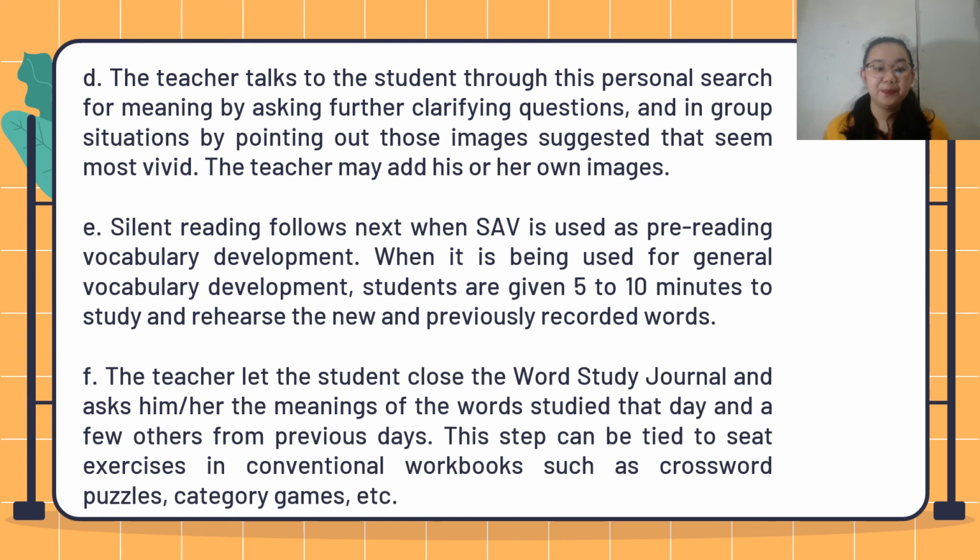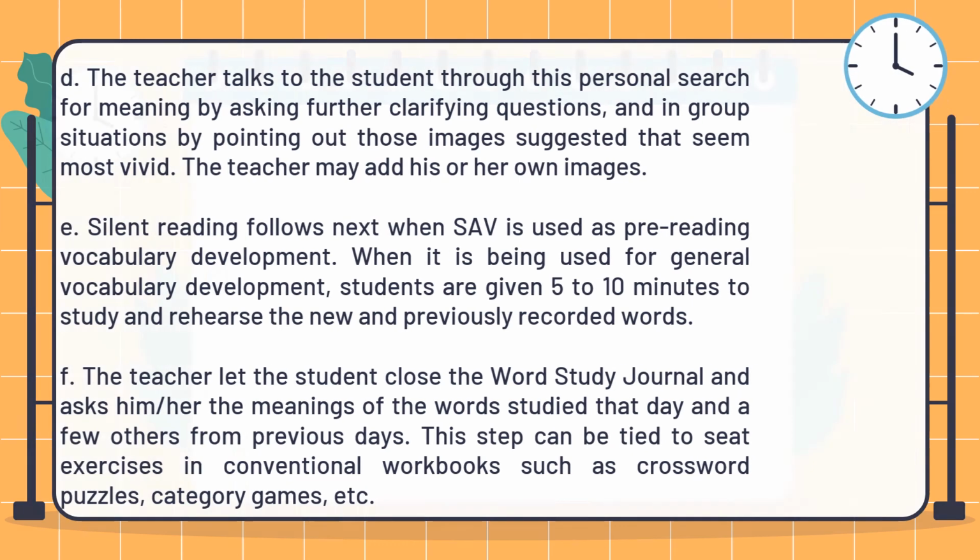And lastly, the teacher lets the students close the word study journal and asks them the meanings of the words studied that day and a few others from the previous days. This step can be tied to set exercises in conventional workbooks such as crossword puzzles, category games, and so on.